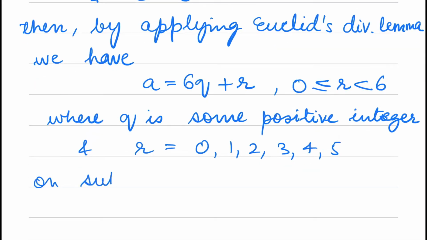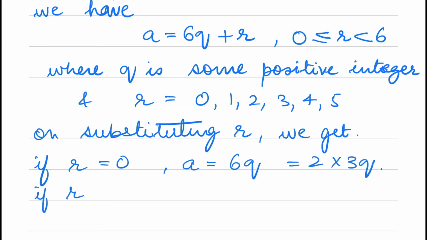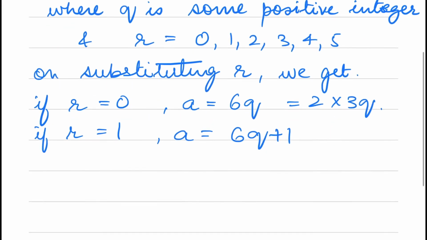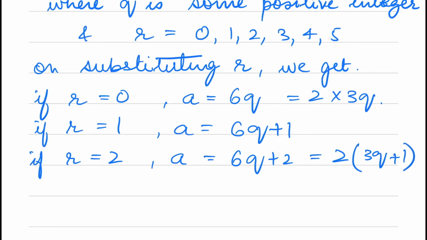On substituting r, we get, if r is equal to 0, a is equal to 6q or 2 into 3q. If r is equal to 1, then a is equal to 6q plus 1. Nothing common. If r is equal to 2, then a is equal to 6q plus 2, or take 2 common and write it as 3q plus 1.